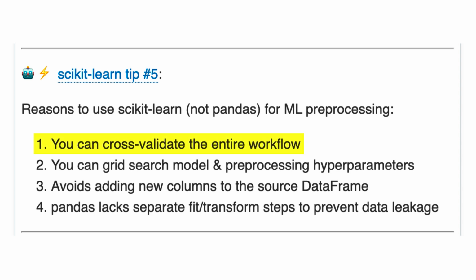Point number 1, you can cross-validate the entire workflow. What does that mean? Well, that means you can create a pipeline of pre-processing and model building, and you can use cross-val score on that pipeline. Cross-val score will take in the pipeline and it will do the splitting and pre-processing, but it will do the pre-processing within each fold.